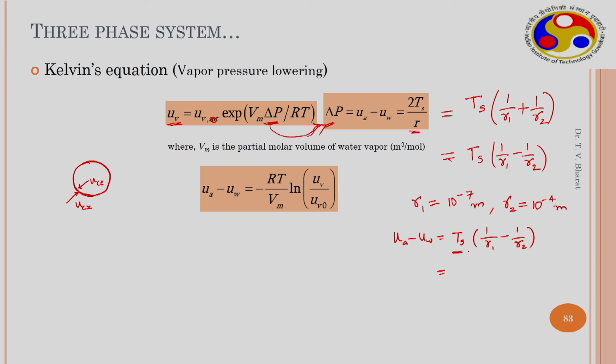Here Ts is 72.75 millinewton per meter at standard temperature, and if you substitute R1 and R2, you would get the value equal to 726.8 kilopascal. This is the pressure drop.